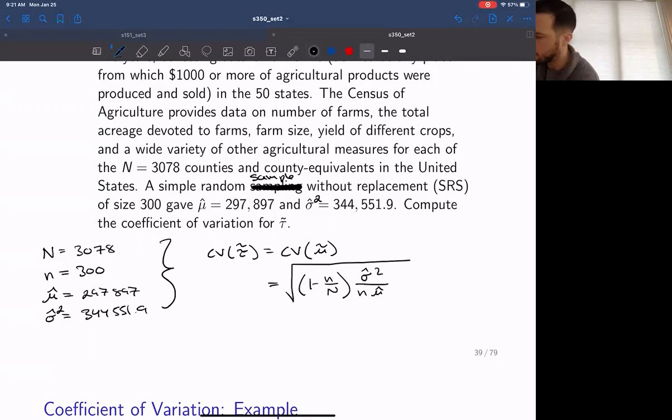Oh, actually, one second. This should be on the outside. It's not very pretty.